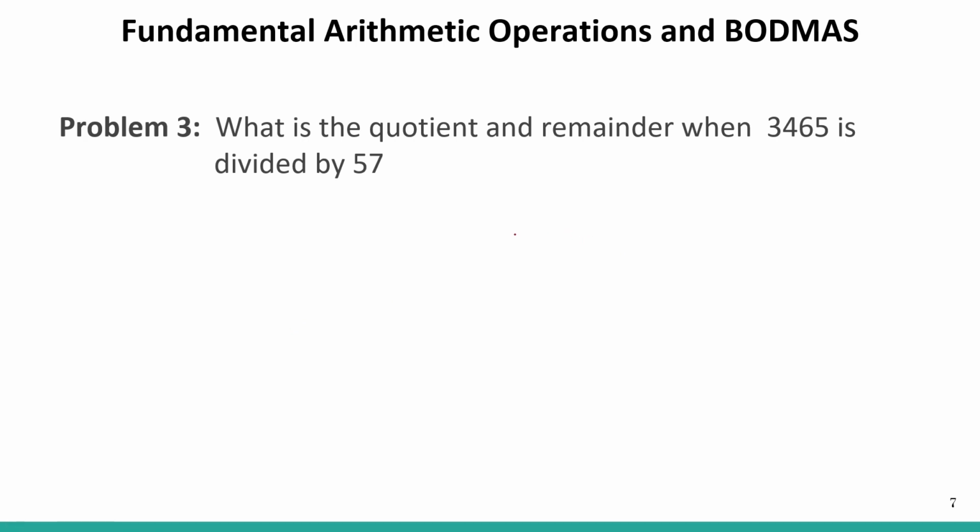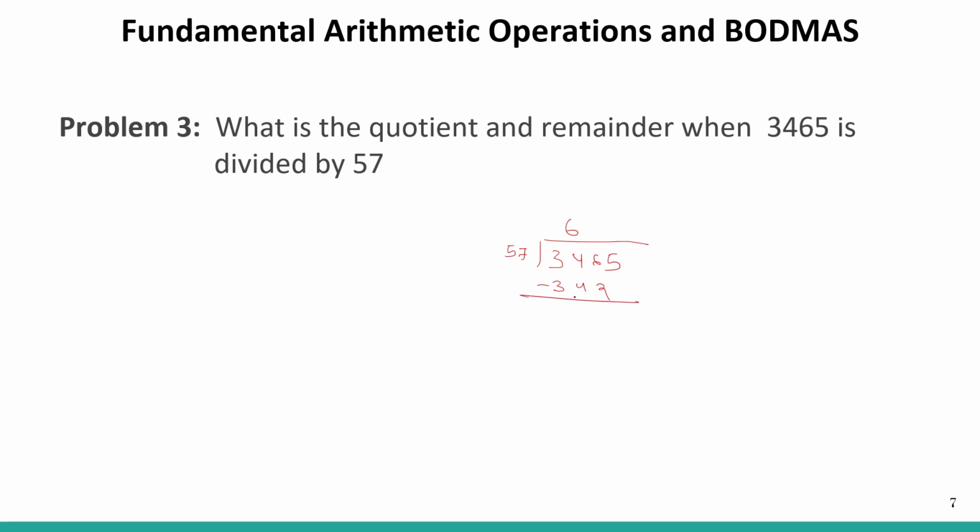So let's do this one. What is the quotient and remainder when 3465 is divided by 57? We have 3465 and we want to divide by 57. This will be into 6, so 342.